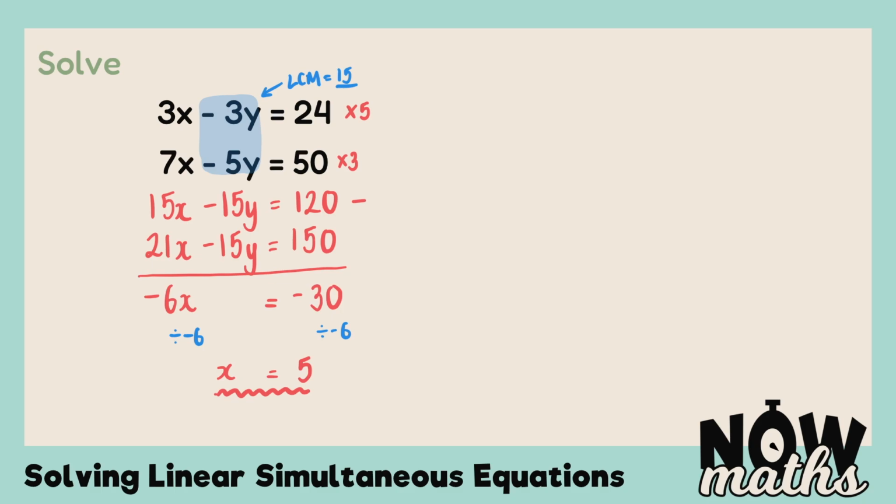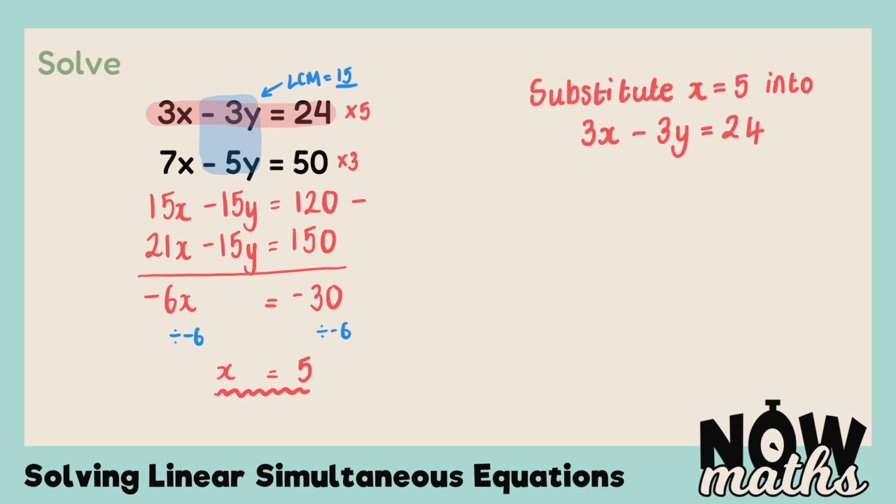Similar to the last question, when we substitute this back into one of the equations, neither of them are all positive, so I'm going to choose to substitute into the one with the lower numbers, which is the top equation. So we are substituting x for 5, so 3x becomes 3 multiplied by 5, which is 15, and we have subtract 3y equals 24.